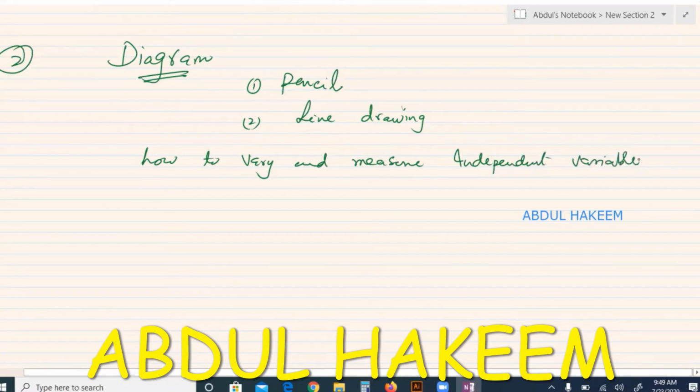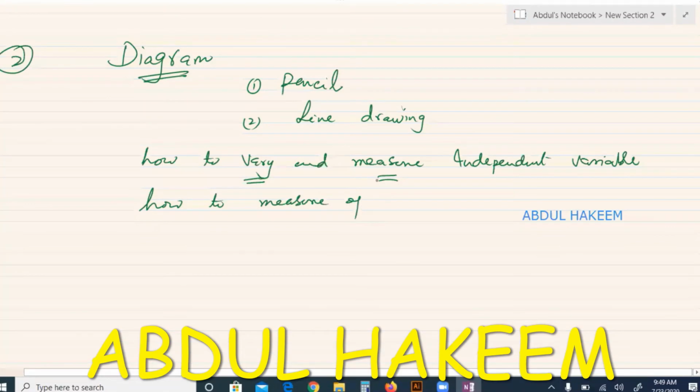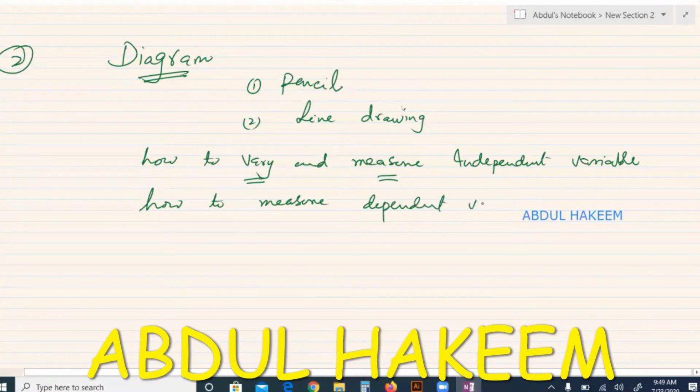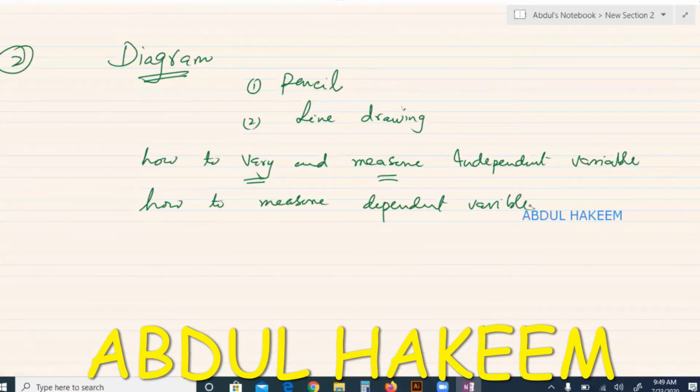So we have to draw a device which varies the independent variable and a device which measures it. And next, how to measure the dependent variable. We have to draw a device which tells how the dependent variable is measured.